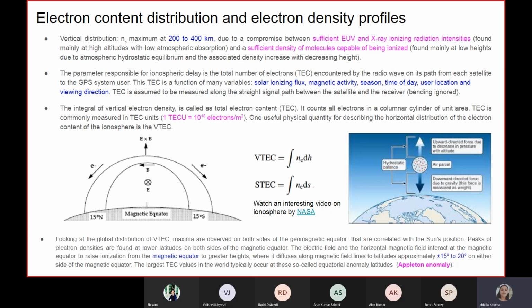Here this is the global distribution of VTEC, where maxima are observed on both sides of the geomagnetic equator, correlated with the sun's position. The largest TEC values in the world typically occur at these so-called equatorial anomaly latitudes.